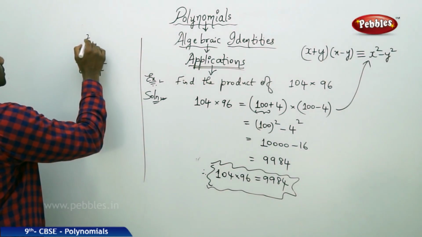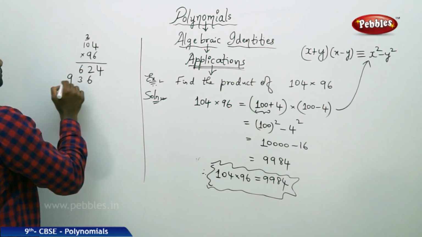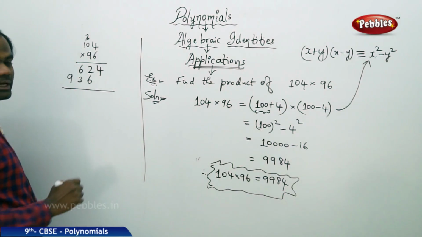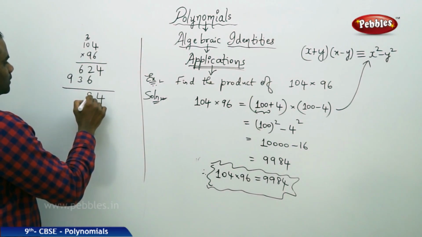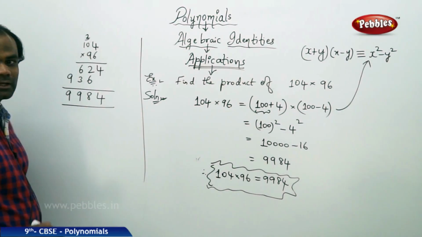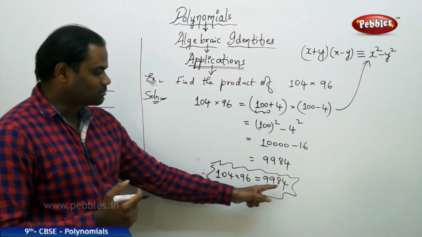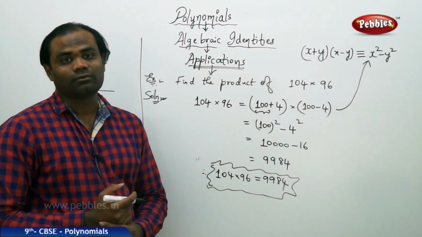Next, 9 fours, 36, and 9, which when added gives me 9984.